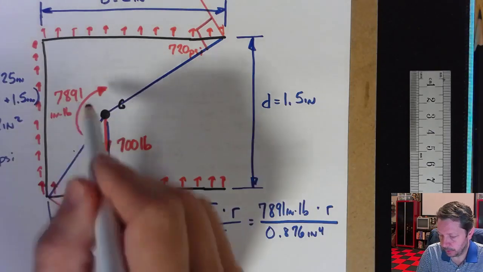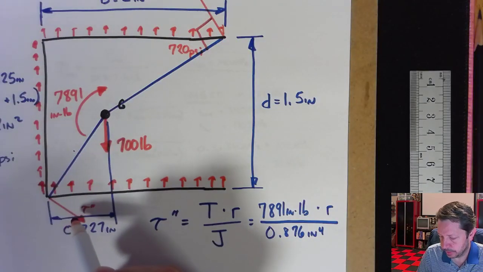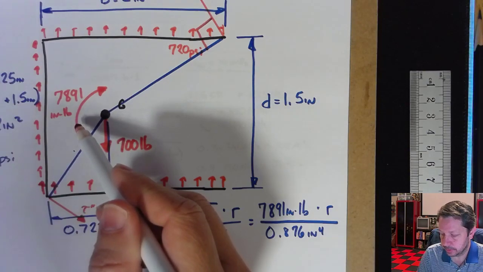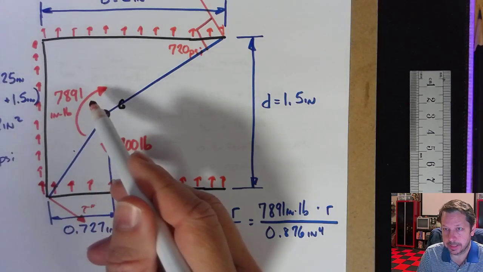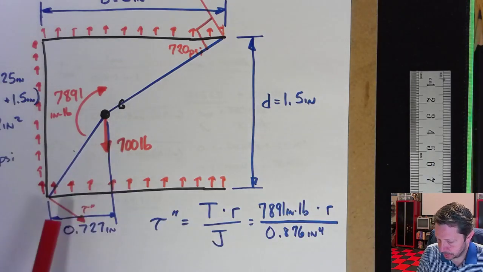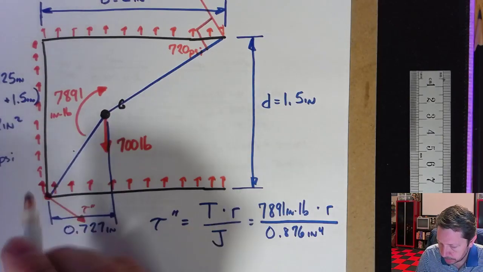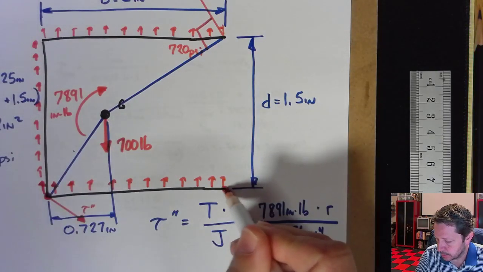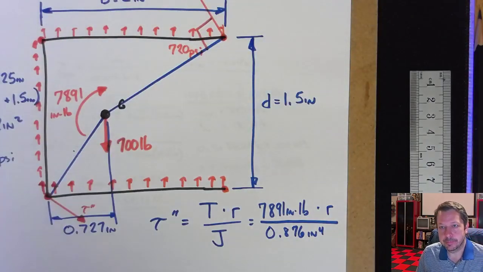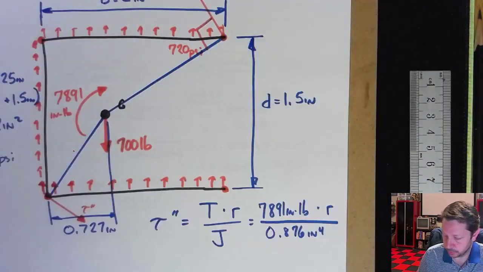So no matter where you draw the arrow for the secondary shear stress, it has to create a torque that's going to oppose the applied torque so that you have equilibrium. And so at this point over here in the weld group, and again, normally you're looking at corners and endpoints as your potential failure points. Almost treat it like a bolt group, with bolts at every one of those corners.